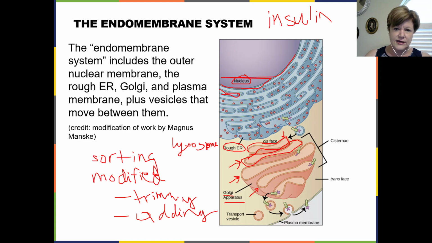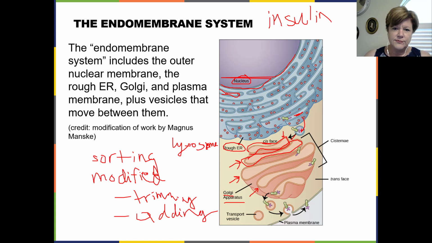It's made in the lumen of the rough ER, then goes by vesicle to the Golgi, where it gets modified and sorted, and then eventually gets released from the cell. Insulin is made inside the cell, but it needs to be released into the blood, because you probably know it helps control your blood sugar levels. So insulin is released through this process.